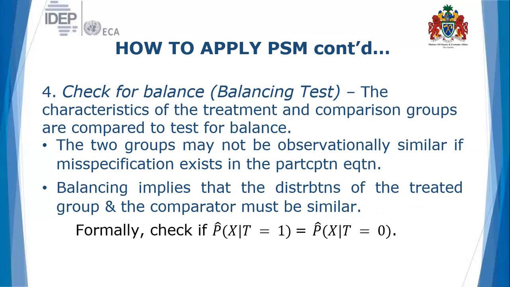Balancing implies that the distributions of the treatment group and the comparison group must be similar, which can be represented formally as checking whether the estimated probability of participation is equal to the estimated probability of non-participation.